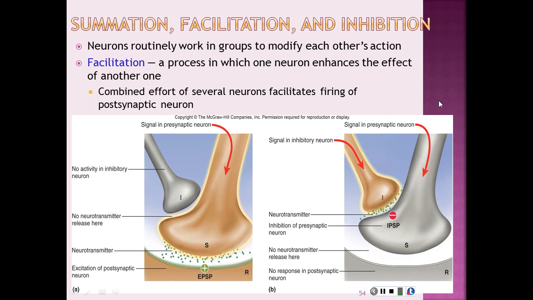Facilitation is a process in which one neuron enhances the effect of another, for example, when two neurons working cooperatively are able to induce firing.